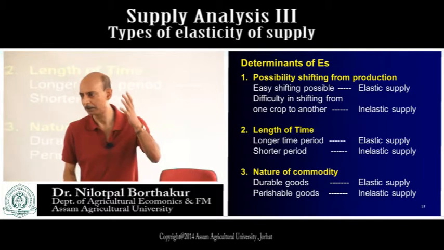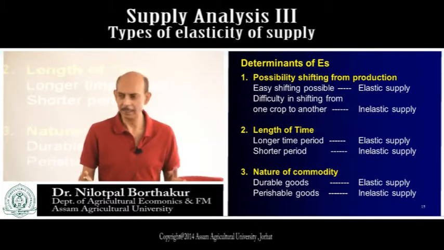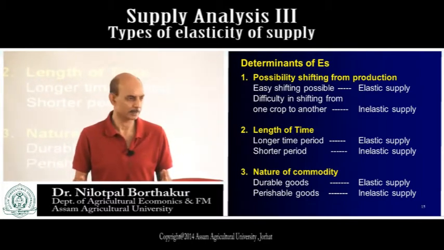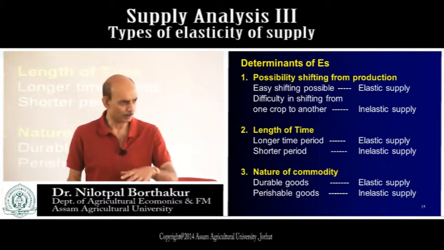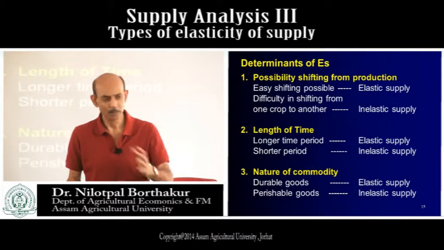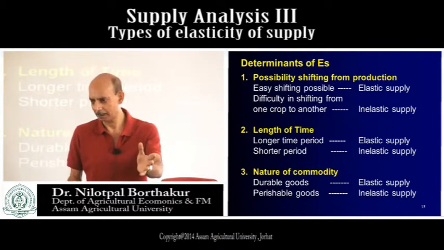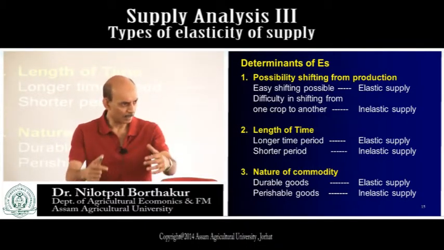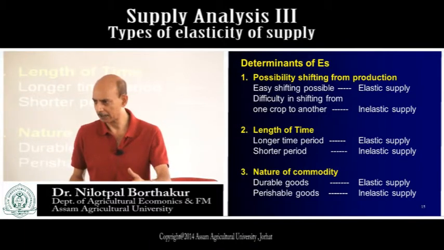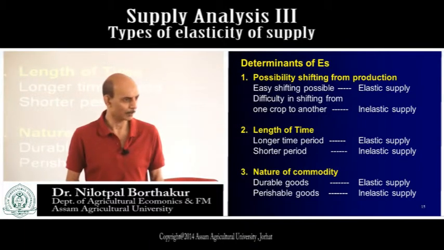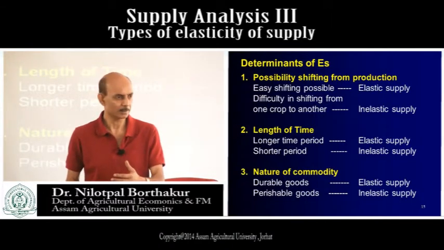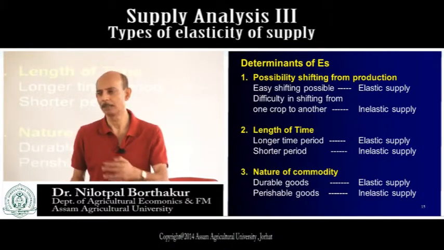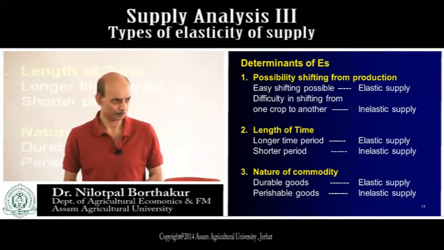Inelastic means price goes up, there is less percentage change in the quantity supplied. But if easy shifting is possible, if price goes up, more quantity will be coming into the market. If price comes down, less production, and less quantity will be coming into the market. This is possible only when the production process can be adjusted to the changing price situation.